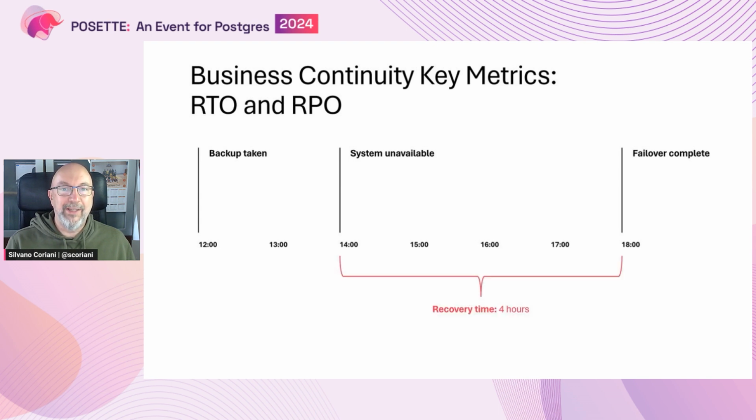And we are referring to recovery time interval or objective, the interval between when the system goes down and when it's fully recovered, while the recovery point objective is between the last consistent backup or data point that we have in the system and when the system goes off.